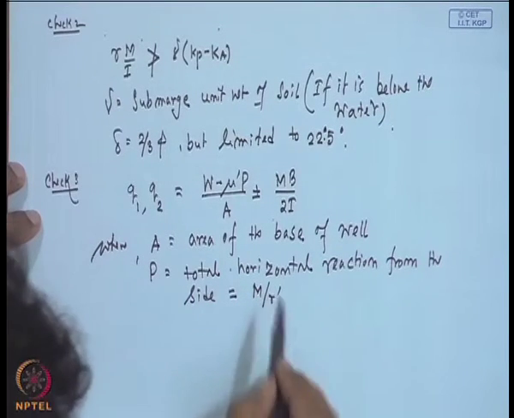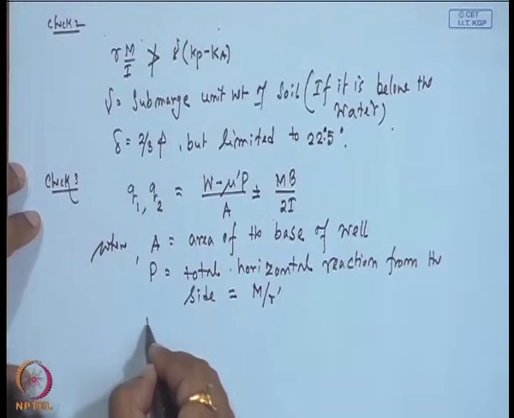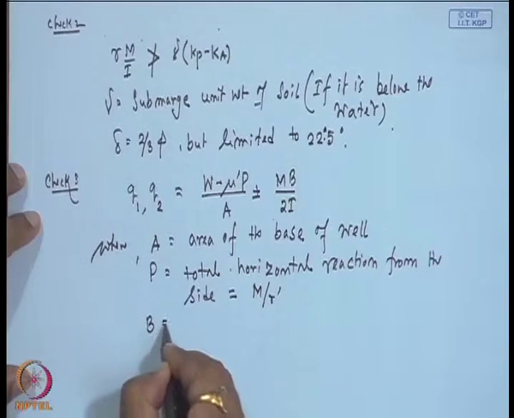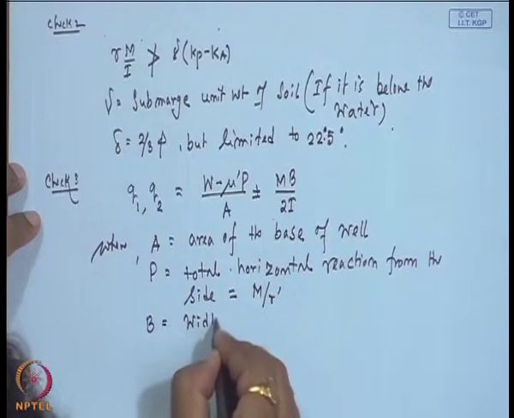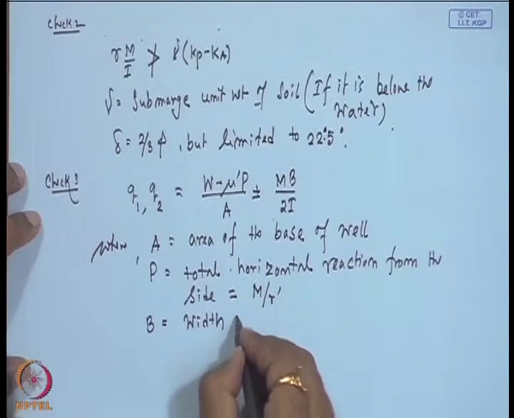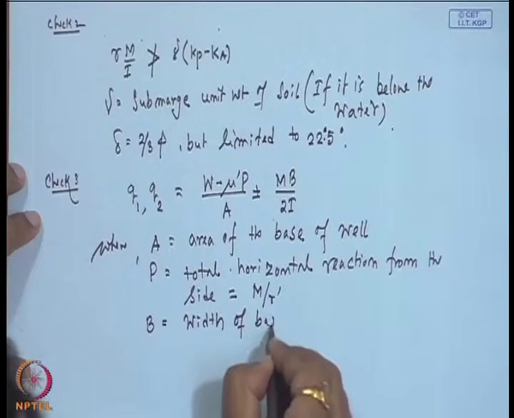So, P is M divided by R dash and B is the width or diameter of base of the well.